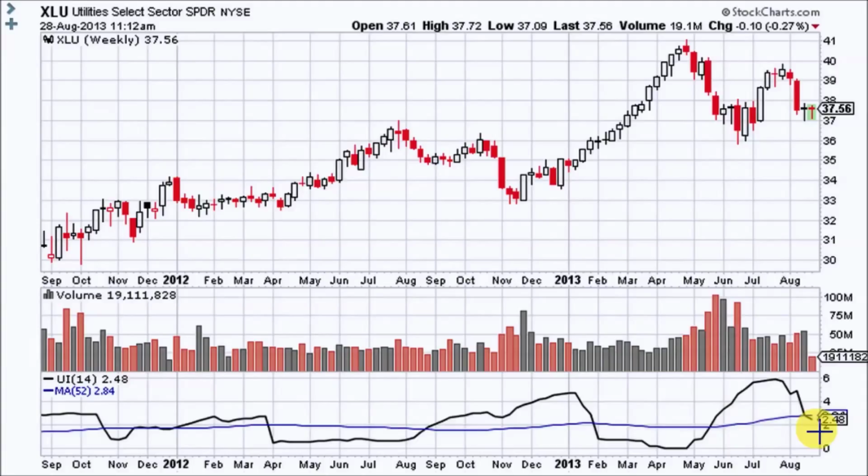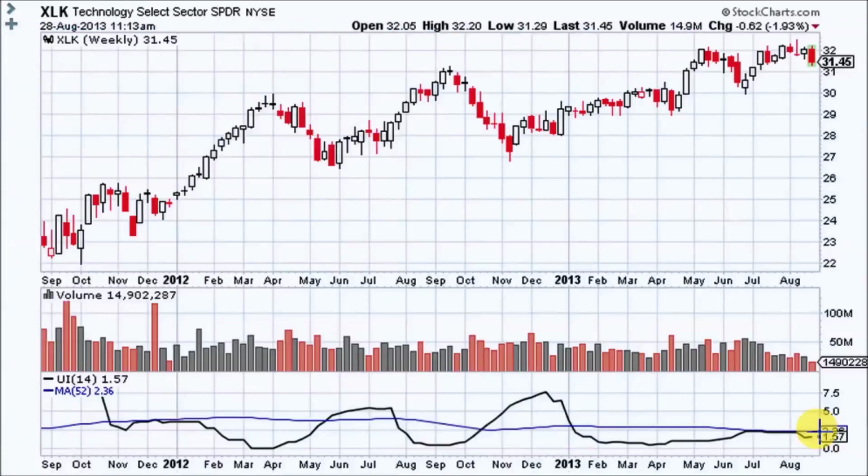Okay, let's try XLK, which is the technology sector spider. It's got a pretty tame reading right now of 1.57%, and its 52-week average is 2.36%.